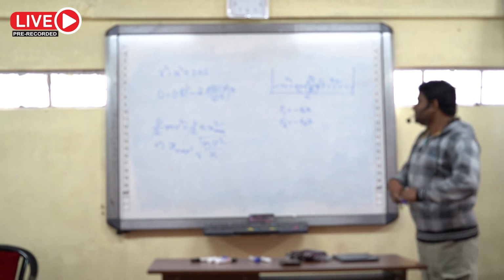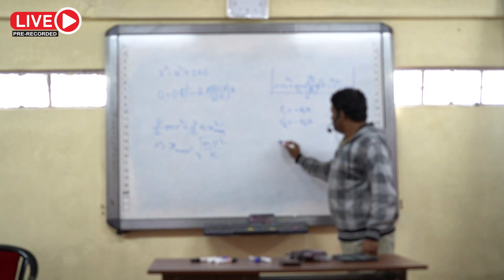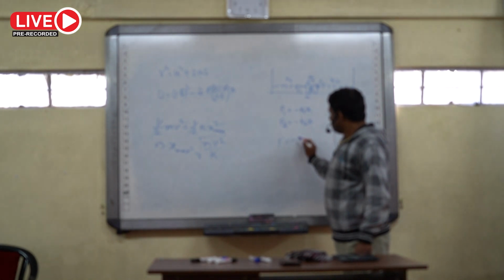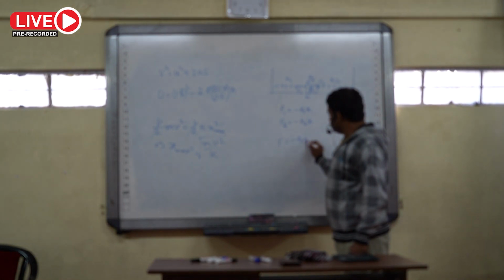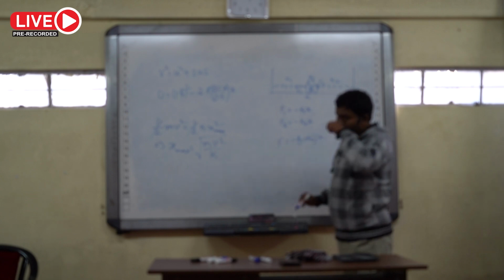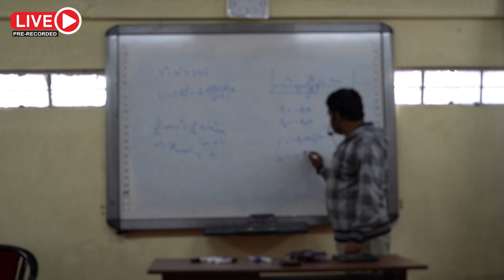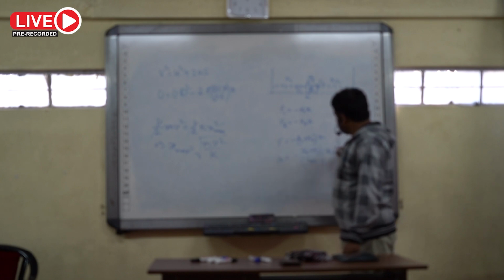So net force on this mass F equal to minus (K1 plus K2) into x. Now acceleration a equal to minus (K1 plus K2) by m into x.